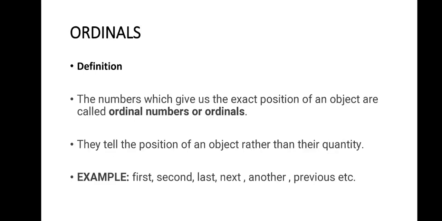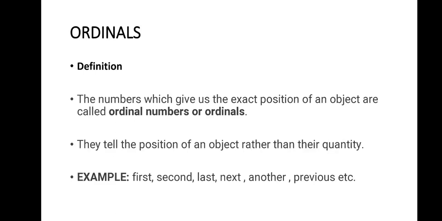They tell the position of an object rather than its quantity. So they give you the position rather than the quantity or number or measurement. For example, first, second, last, also words like next, another, previous, etc. Children, don't get confused between cardinals and ordinals.